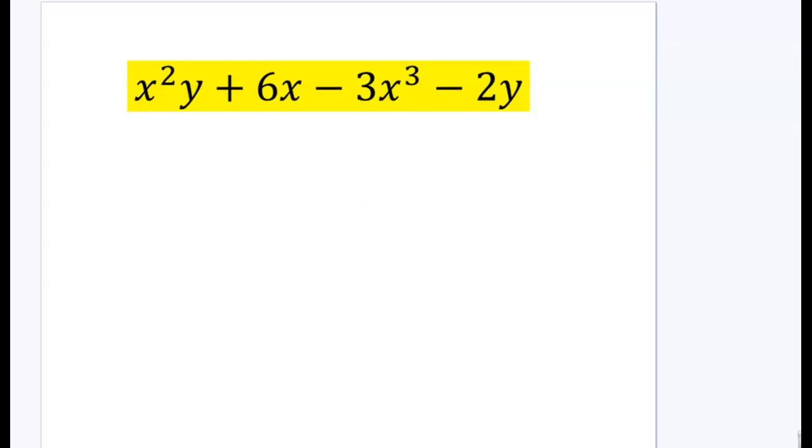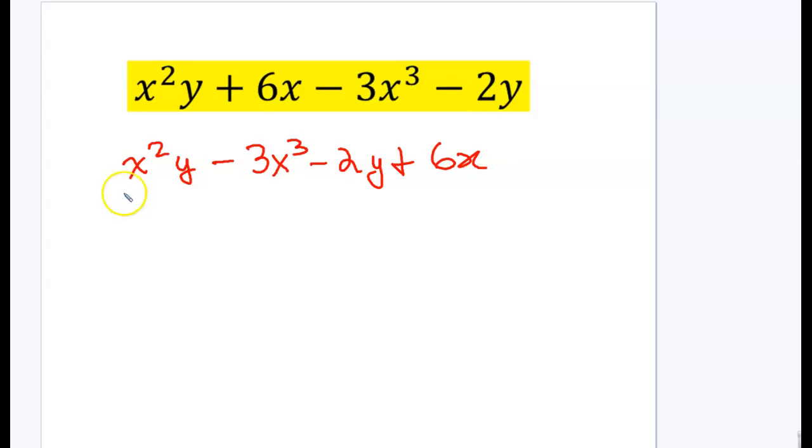Okay, sometimes it might be advantageous for us to regroup things. So in this particular case, let's just see what we can do here. If I was to rearrange the terms in this polynomial first and write x squared y minus 3x cubed minus 2y plus 6x, and now I'm going to do some grouping.